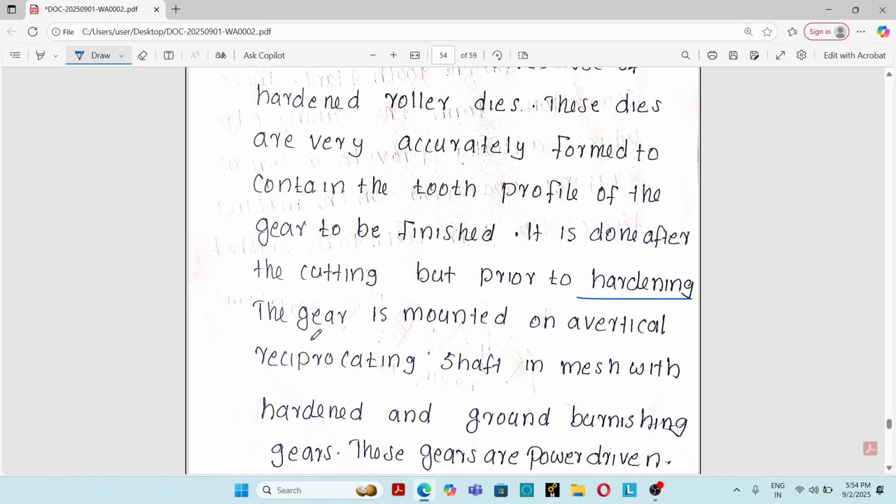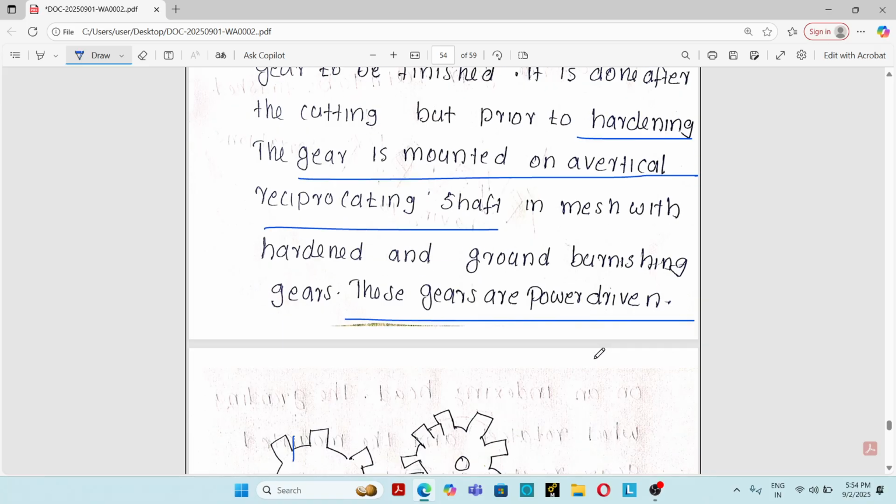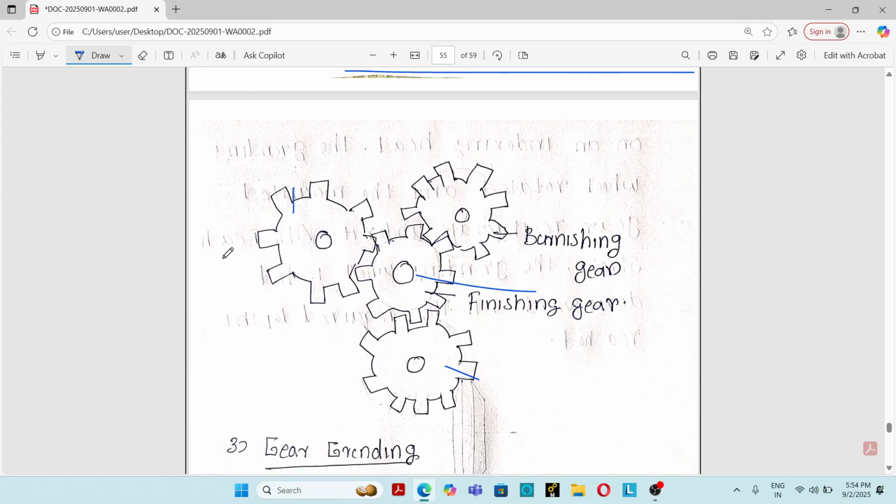See, in this process, the gear is mounted on a vertical reciprocating shaft in mesh with hardened and ground burnishing gears. These gears are power driven. This is the figure of the burnishing or rolling process.